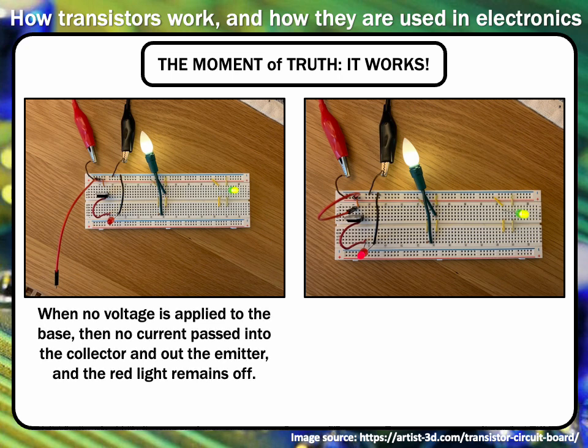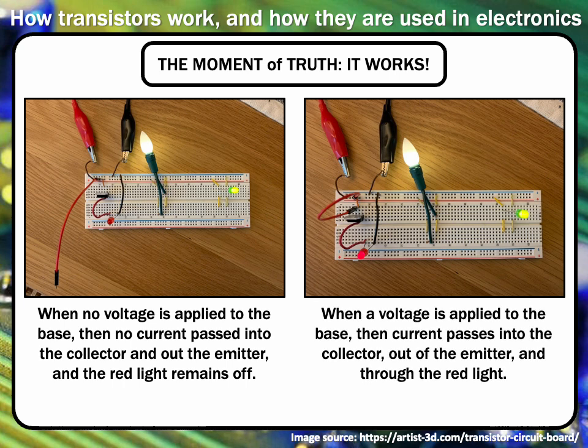When I've got that larger red wire connected to the base pin, then that allows main current to go from the collector to the emitter and out to that red pin, and then out of the circuit again through that black clamp. So it worked. And then the other two lights, the white and the green, I just put in for fun.